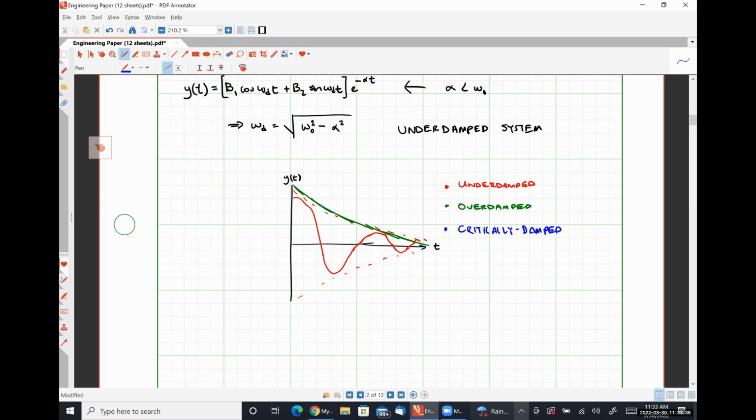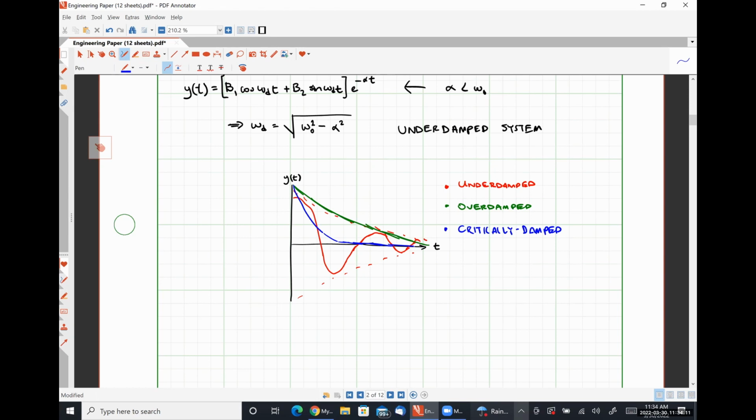And that's just going to be an exponential decay that gets to its final value in the smallest amount of time without having ringing or overshoot. So these are our three types of responses that we should be able to observe in any series RLC circuit.